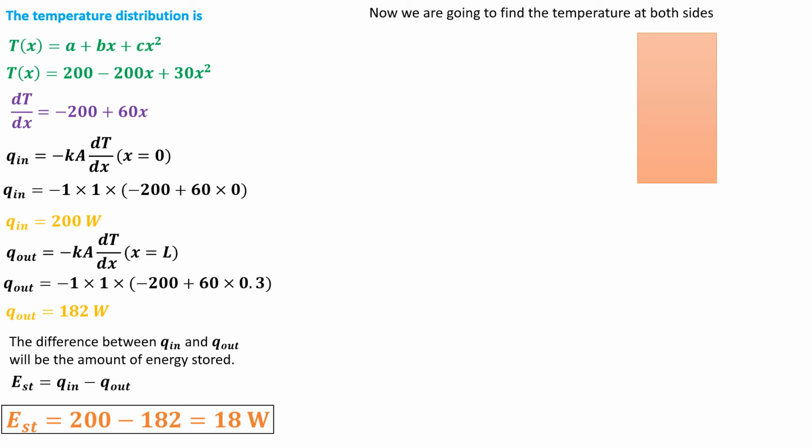Now we are going to find the temperature at both sides, because in part B we have to calculate the convection coefficient, and it was mentioned in the problem statement that the colder side is facing the fluid, but we don't know which side is cold. So first we have to find the temperature at both sides, at x equal to 0 and x equal to L. Temperature distribution is given in terms of x, so we can easily find the temperature at any position.